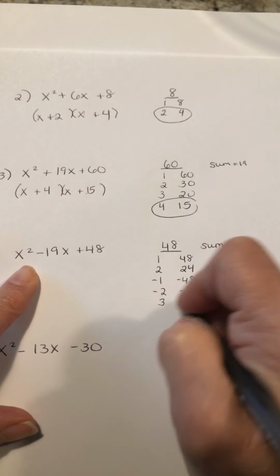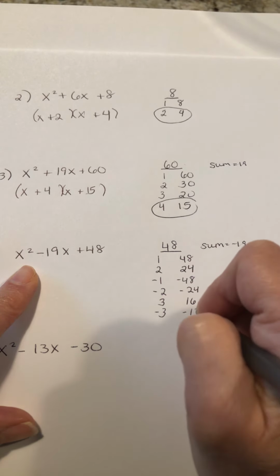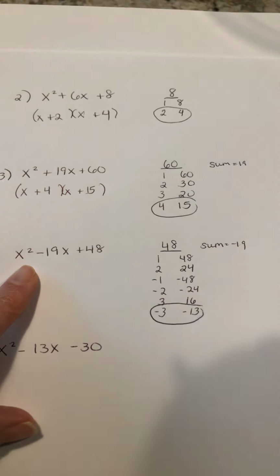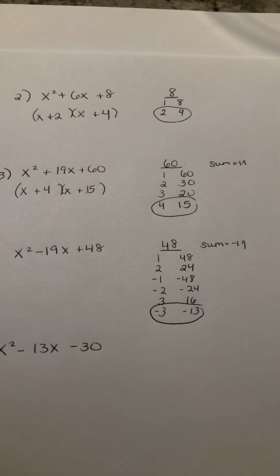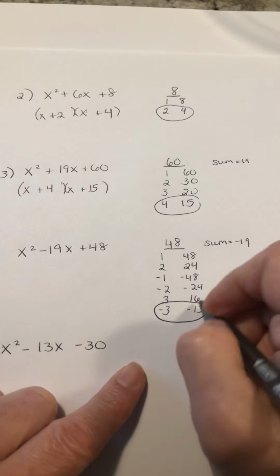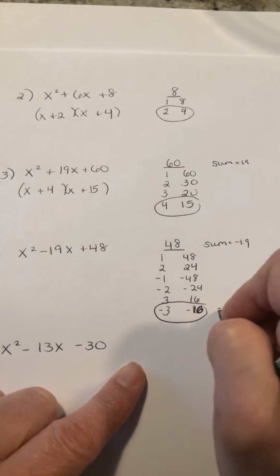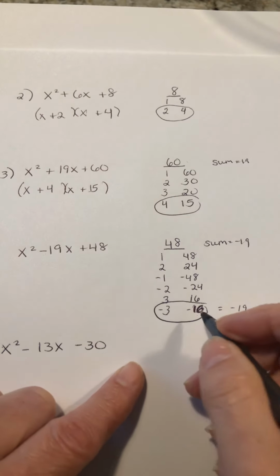So we have 3 and 16 and negative 3 and negative 16, and I think these are going to be the pair that we want. So negative 3 and negative 16 are going to add up to be a negative 19, and so this is the pair that we want.